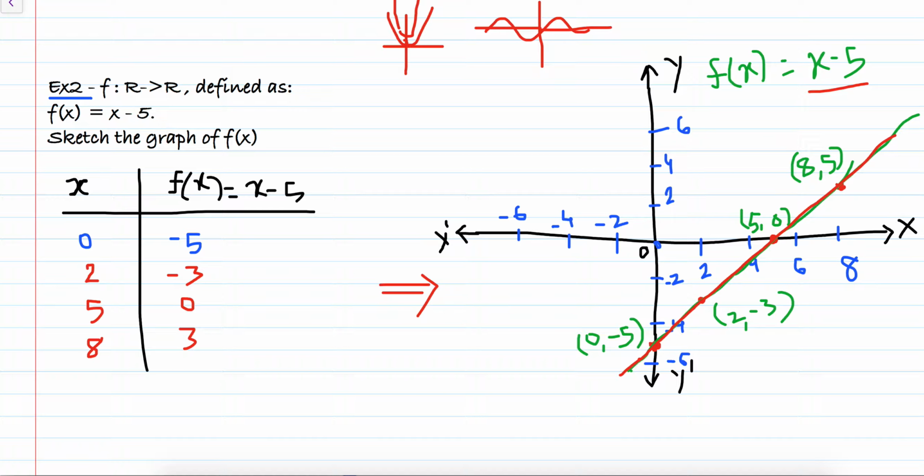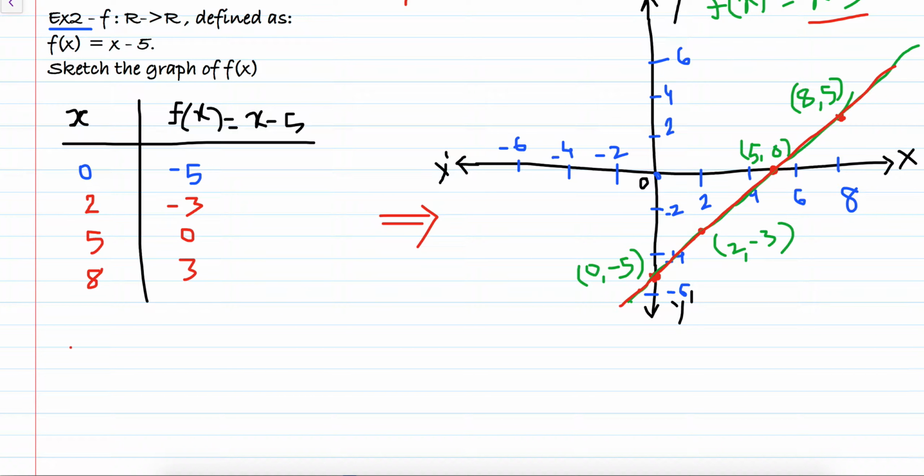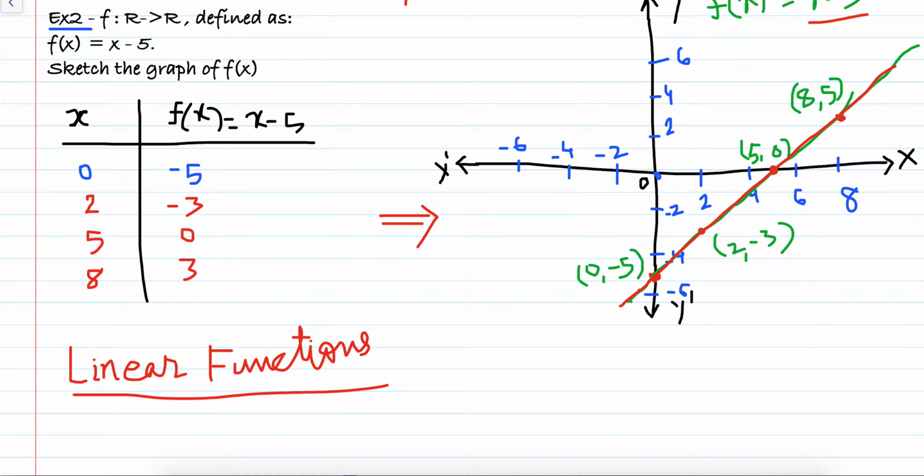But these kinds of functions we call linear functions, because the graph of these functions is a straight line. So this was one example of linear functions.